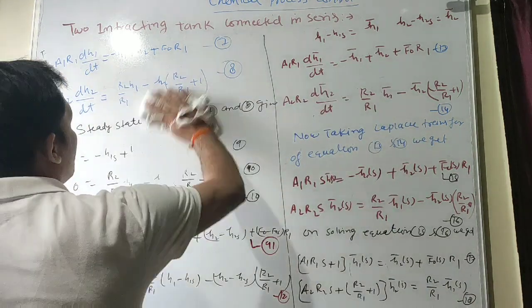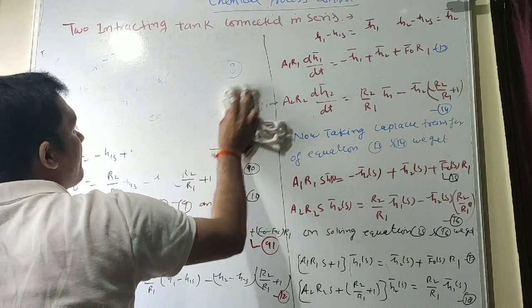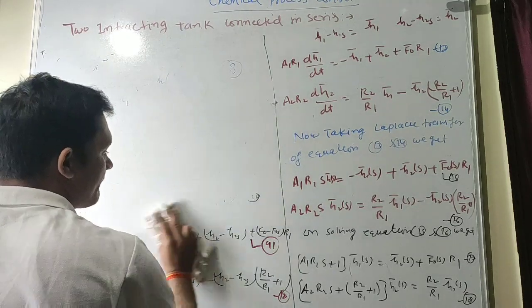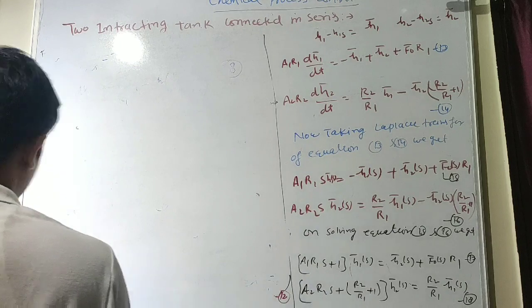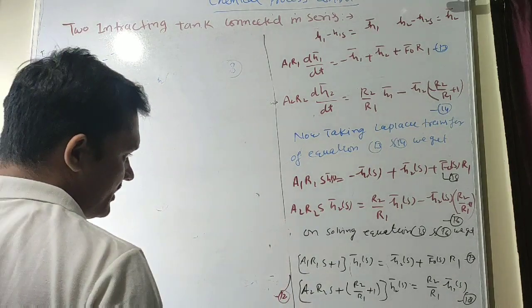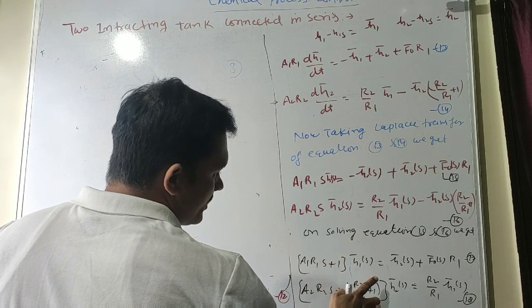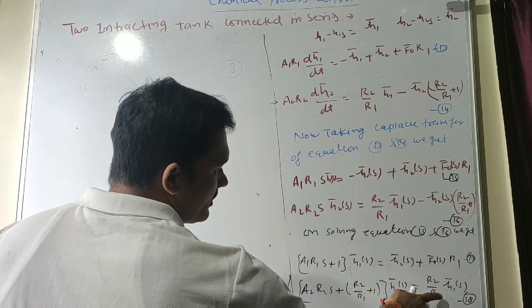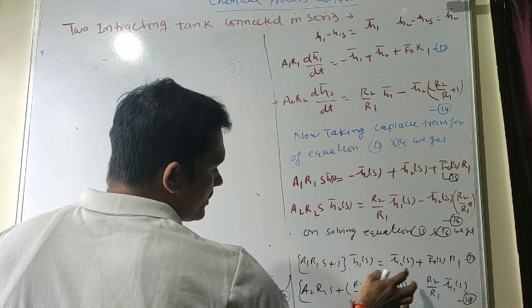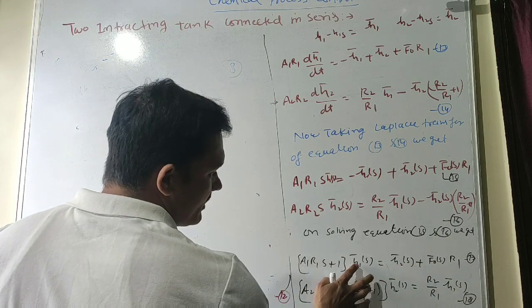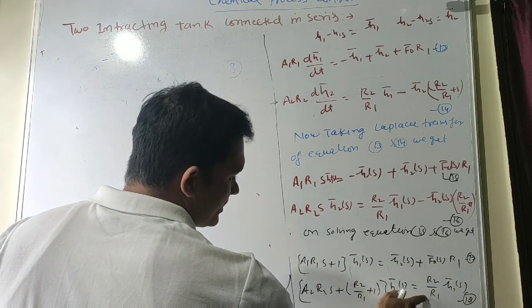Now on solving equations 17 and 18, we have to find out the h2 upon f0. So we have to replace h1 bar s from equation 18.